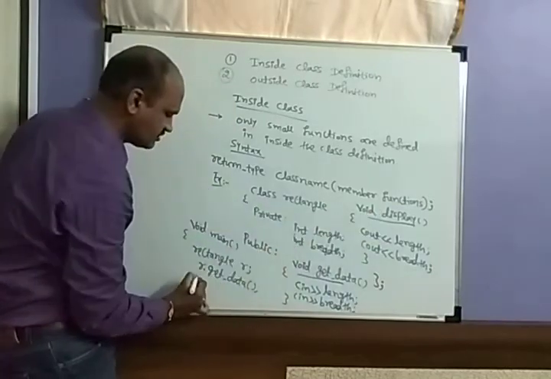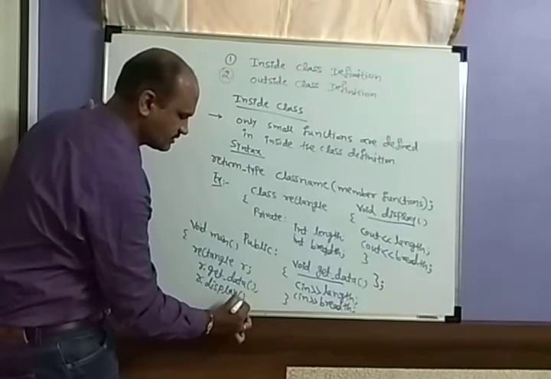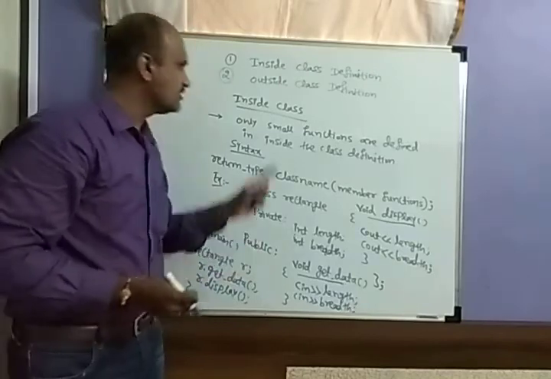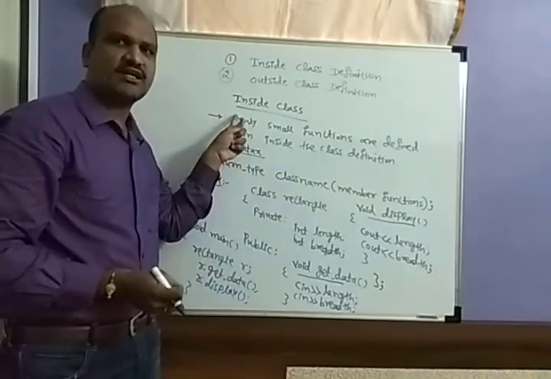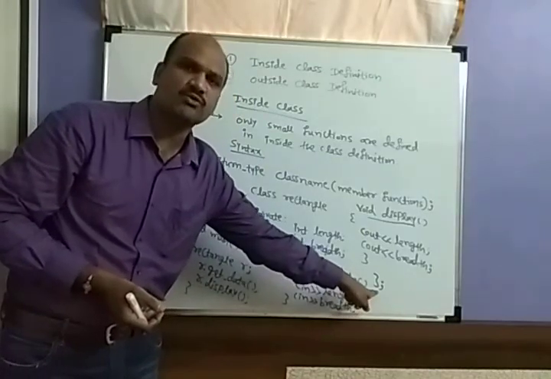Another function, R dot display, you can access. Close. The main important thing is inside the class, which means within the class. So the class is not closed yet, now it is closing.